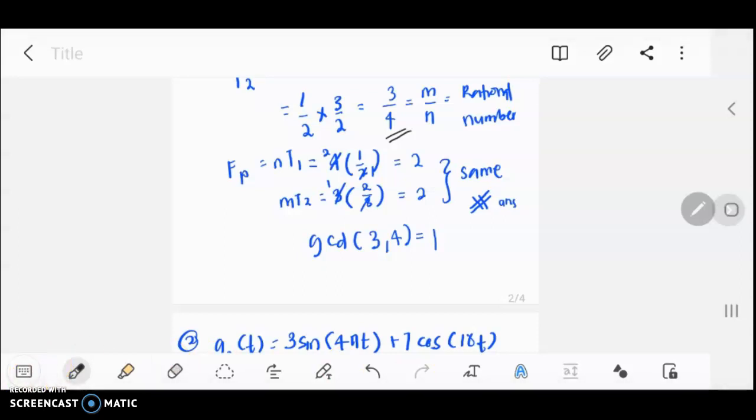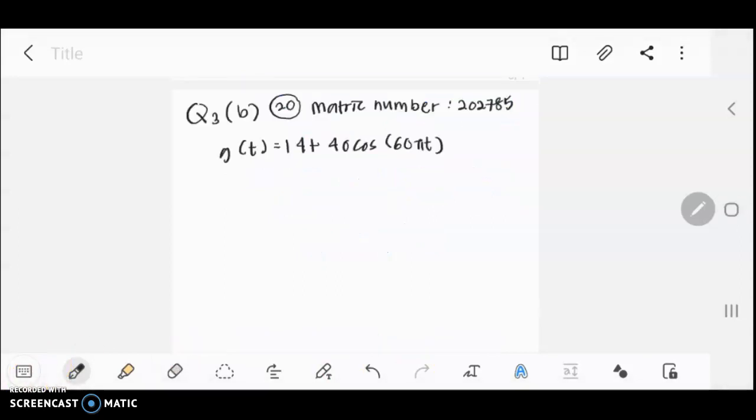So now we can resume on our original question, which is question 3b, where g(t) is equal to 14 + 4t cos 60 pi t. We are going to do it one by one. As you can see, our omega 1 is 0.